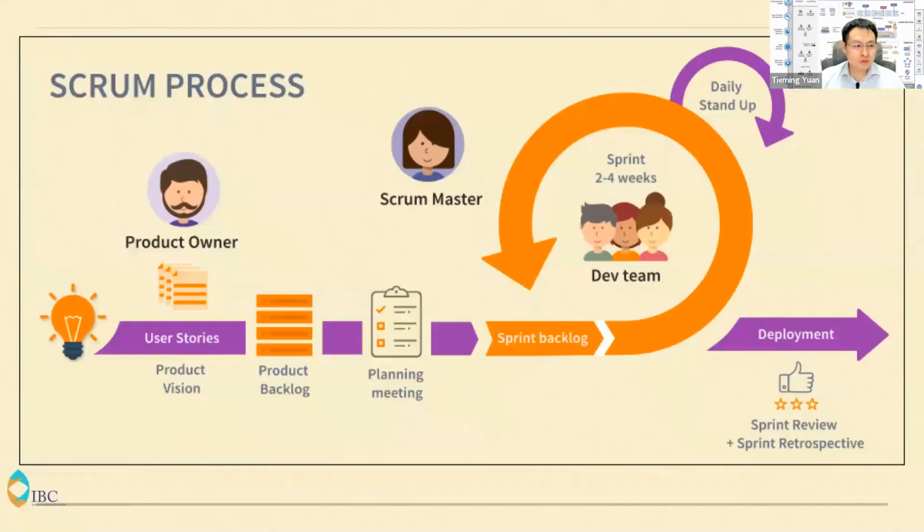Okay, let me introduce you to the Scrum process. There are 3 roles: product owner, Scrum Master, and the development team. The baby of the product owner is the product backlog. What makes up the product backlog? The user stories.